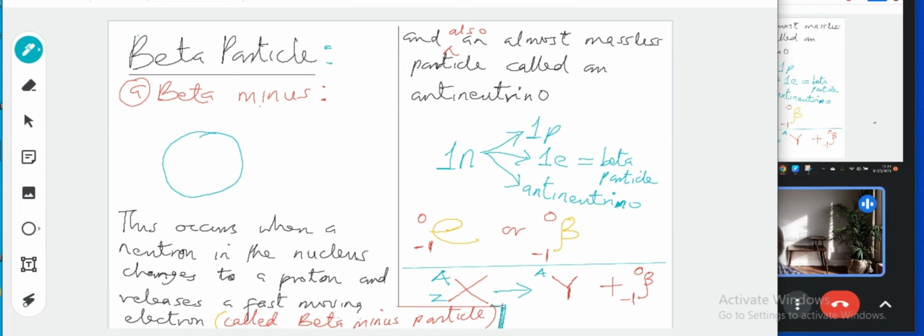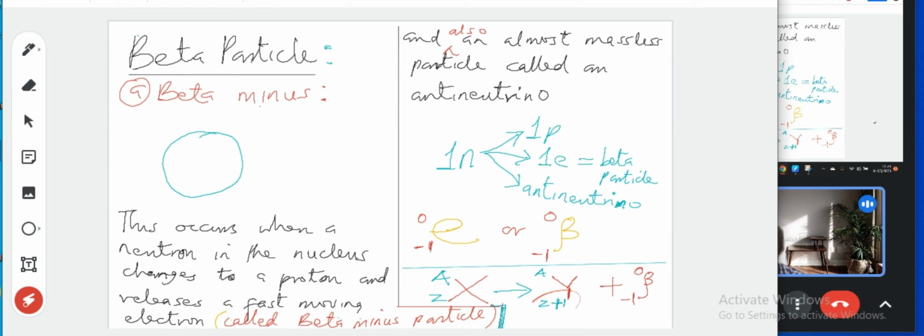No, it should be Z plus 1. So during a beta decay, the mass number stays the same, yeah. But the atomic number increases by 1.